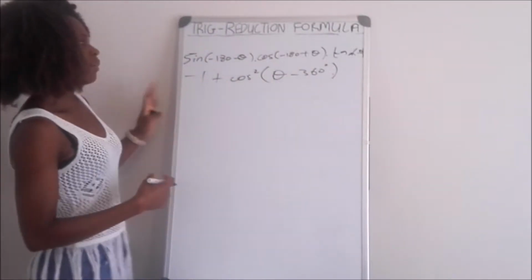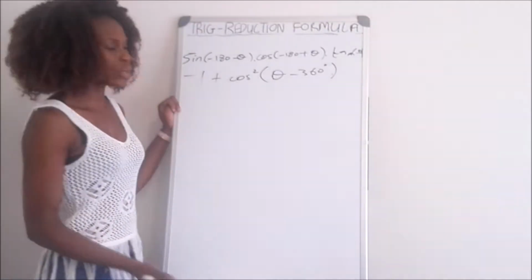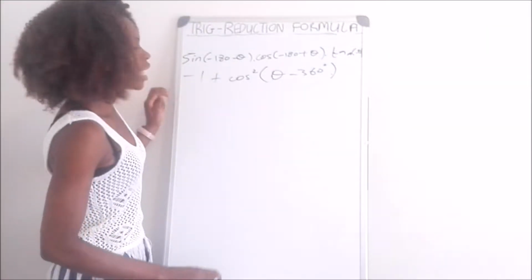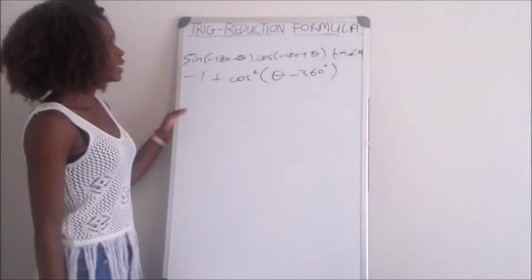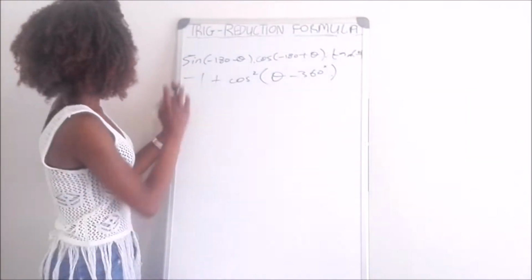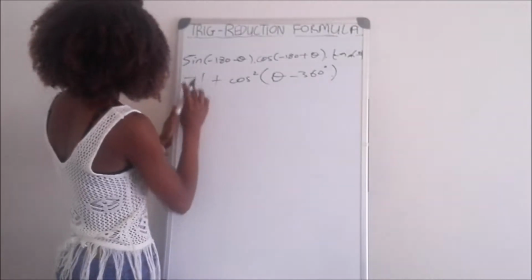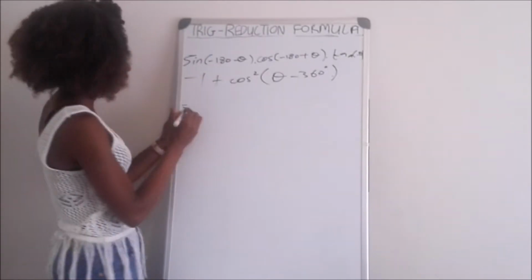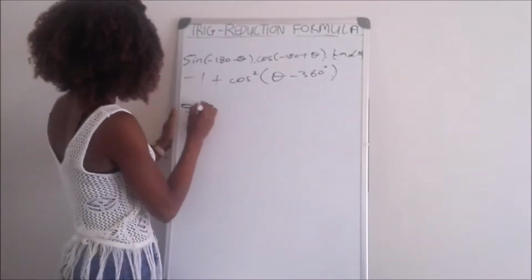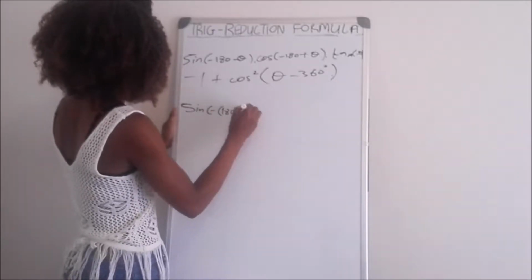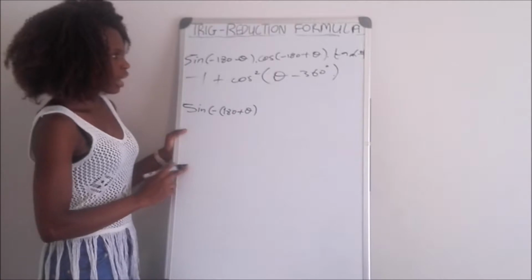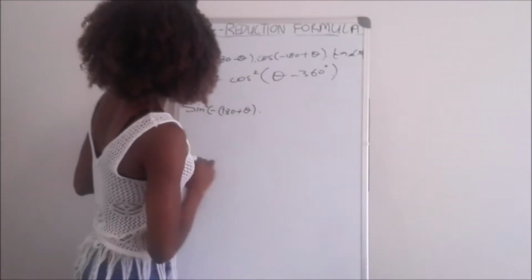Remember with our trigonometric ratios in the Cartesian plane, there is no quadrant in which we find negative 180 degrees minus theta. So the first thing we do is take out a common factor of negative. Then we have sine into negative, and we are left with 180 plus theta. When it comes to cos, we do the same.